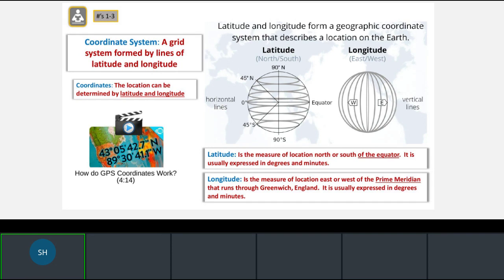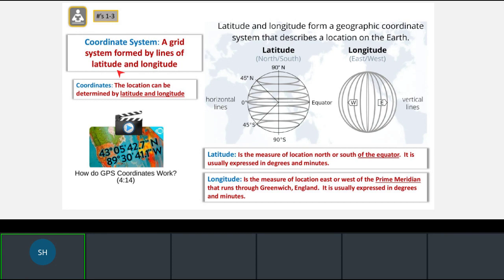Now, we're going to be talking today about latitude and longitude, a geographical coordinate system that helps to locate things on the surface of the earth. And when we talk about that, we're talking about a coordinate system. It is a grid system, meaning it's a man-made grid that does not show up on the surface of the earth, but that we can superimpose on maps and things like that to be used as a tool. It is a grid system formed by lines of latitude and longitude.